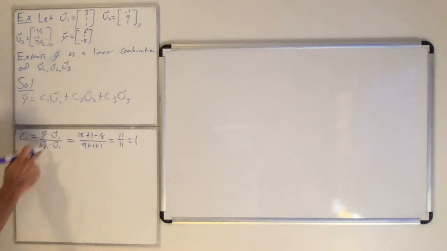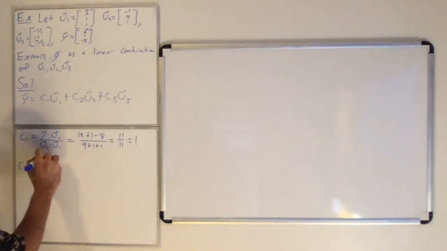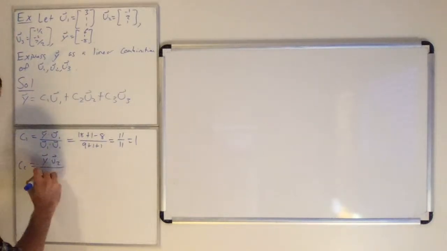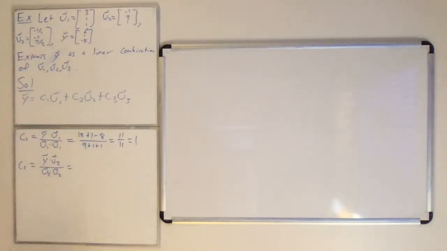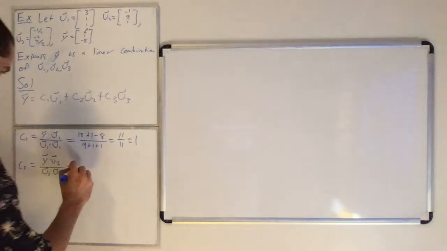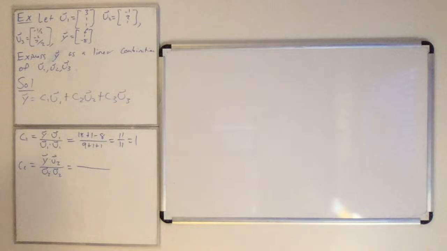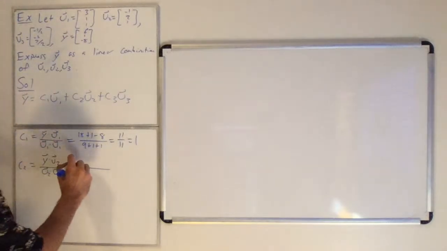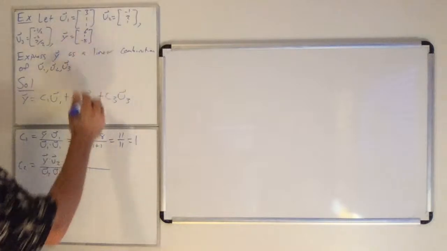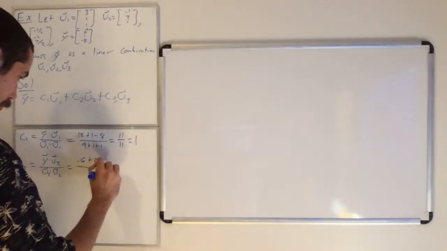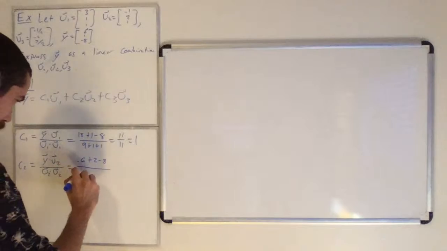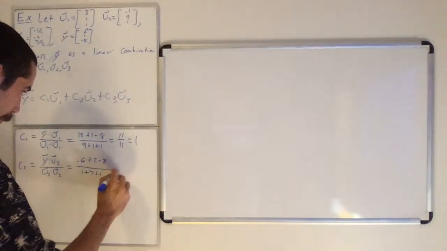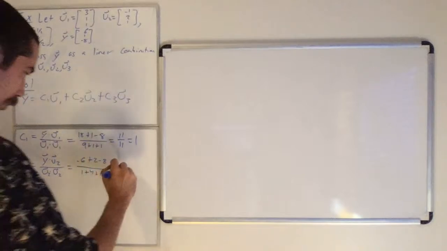The coefficient of u2 is y dot u2 over u2 dotted with itself. So that's negative 6 plus 2 minus 8 in our numerator, and 1 plus 4 plus 1 in our denominator. It's negative 12 over 6.